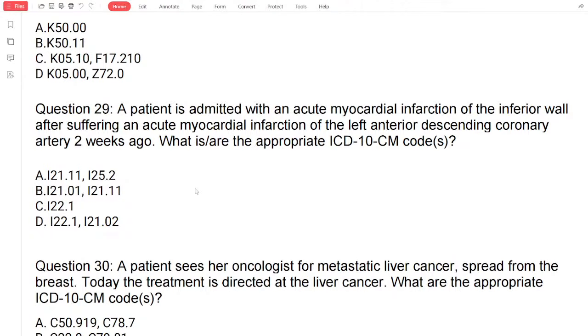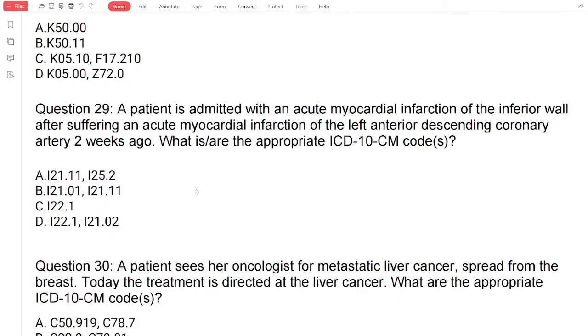And what about the second code? I21.02 is for ST elevation myocardial infarction, STEMI related, involving the left anterior descending coronary artery.